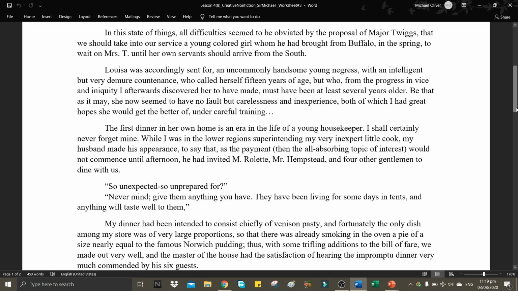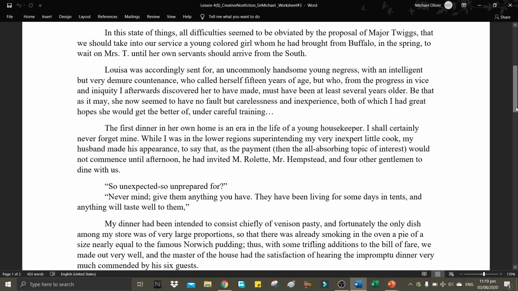Louisa was accordingly sent for, an uncommonly handsome young negress with an intelligent but very demure countenance, who called herself 15 years of age, but who, from the progress in vice and iniquity I afterwards discovered her to have made, must have been at least several years older.